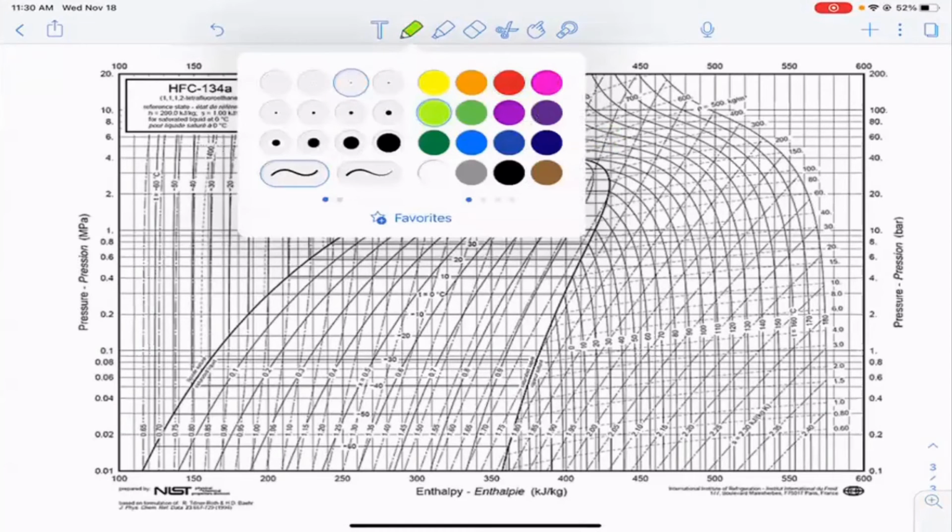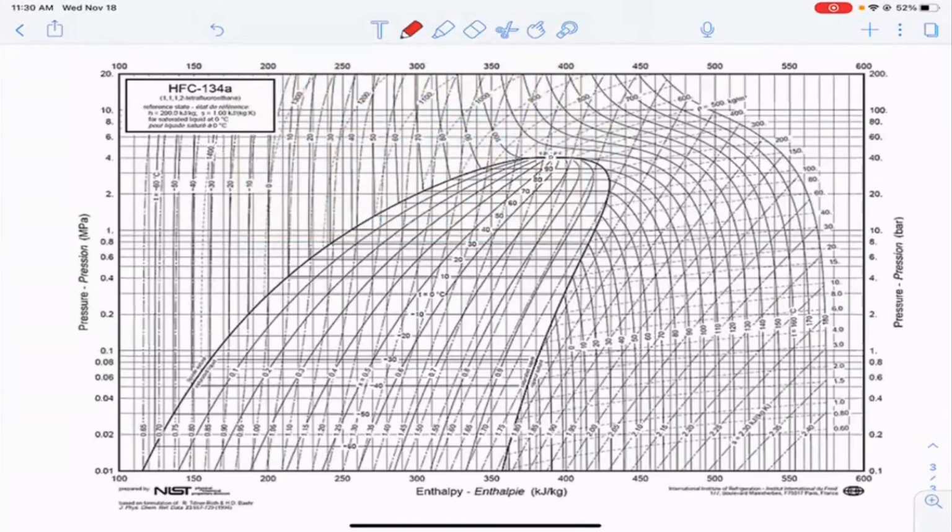So what I'm going to do here is find -6 degrees C on the saturated line. And there are a few ways to do this. I don't see a good place here to find the temperature, but I do find a good place here. And we know, because these are phase changes, going from liquid to vapor, that they're just horizontal lines on the pH diagram, because phase change happens at constant pressure.